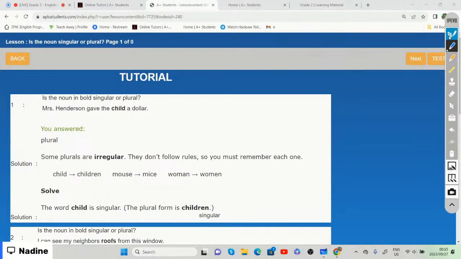So if we look at the word child, then child refers to it being singular. Singular refers to one child, and the plural form of child is children.